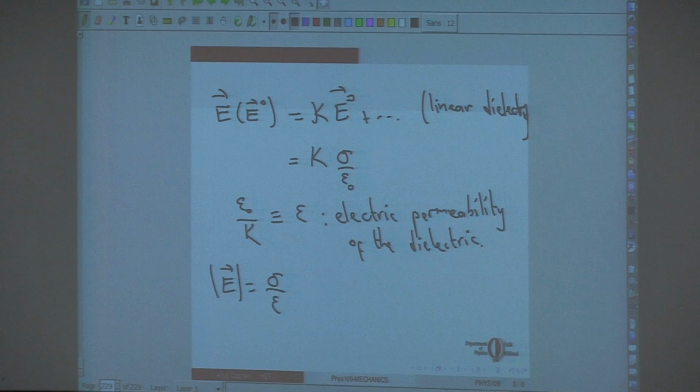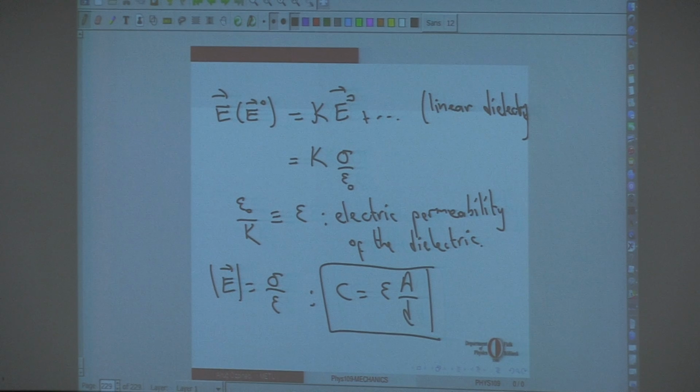And this tells us that the capacitance will be epsilon A over D, which is kappa times C0. This is the effect of the dielectric. What is the permeability? Well, in a sense, it is kappa epsilon 0. I think this coefficient is not defined as kappa, but 1 over kappa. But nevertheless, within these definitions, this is what the electric permeability is.